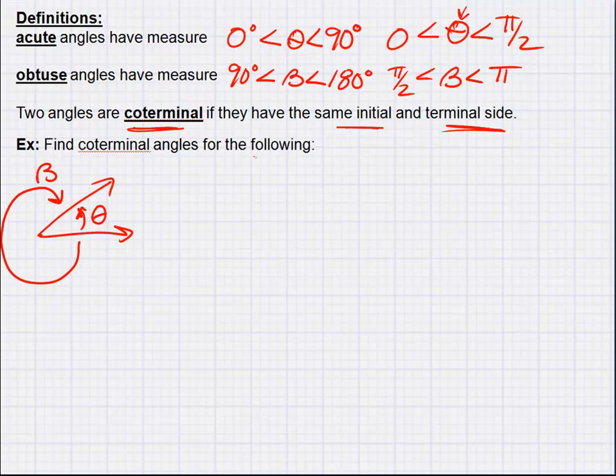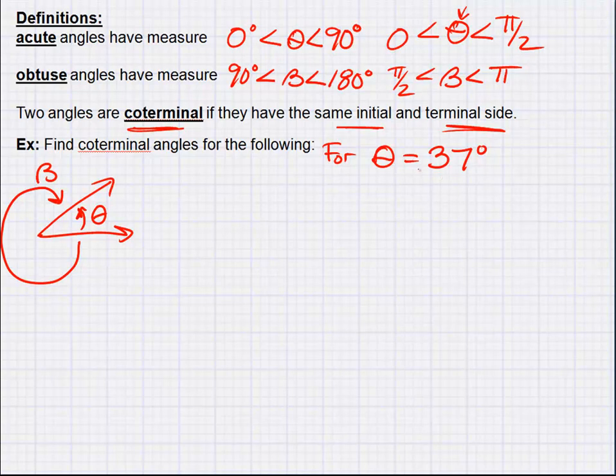So if I want to find some coterminal angles for the following, let's say for theta equals 37 degrees. Okay? If theta equaled 37 degrees, I want to find a coterminal angle for that. Sometimes the question will be worded like, find two coterminal angles, one positive and one negative, for a corresponding angle.